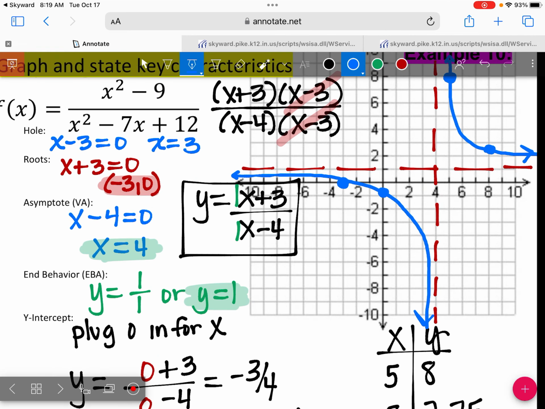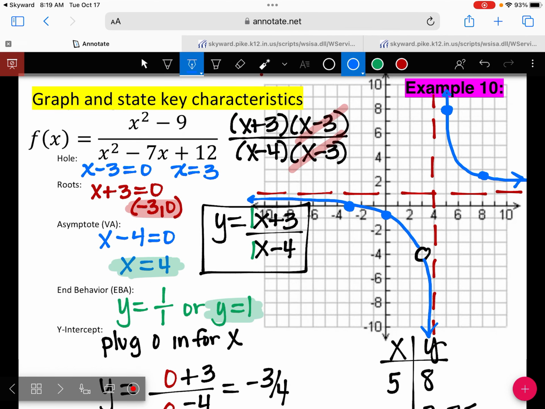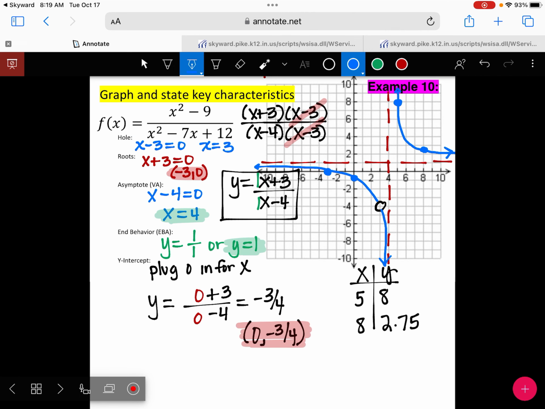So positive 3, I'm going to put a hole on, that would be at about right there. I really should erase it. Let me erase it, but with this graph, I have to, okay. So we have a removable discontinuity at x equals 3 and an infinite discontinuity at x equals 4.